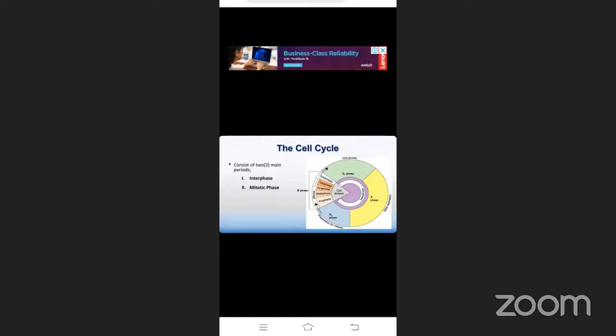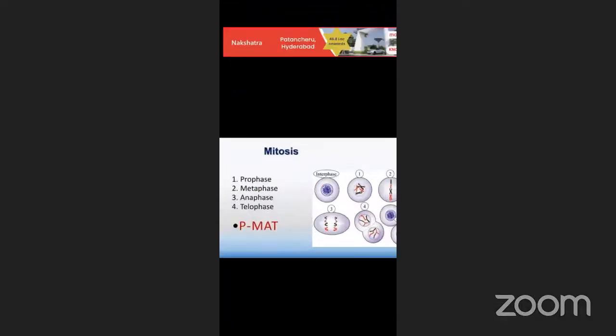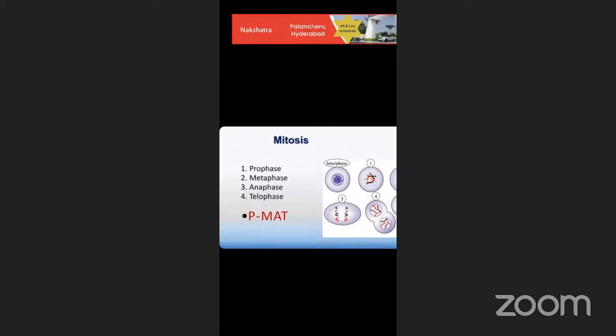Then M phase means mitotic phase. The mitotic phase is again divided into four stages: prophase, metaphase, anaphase, and telophase.